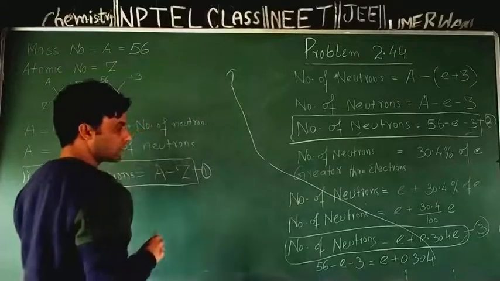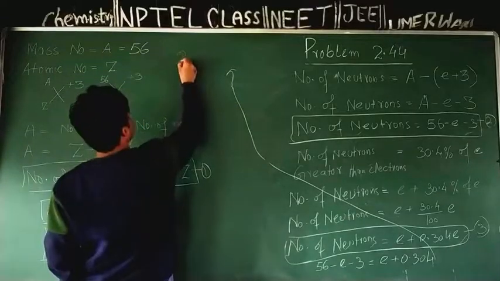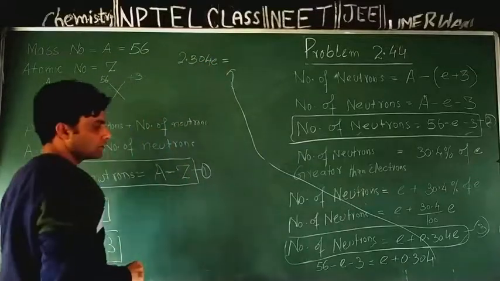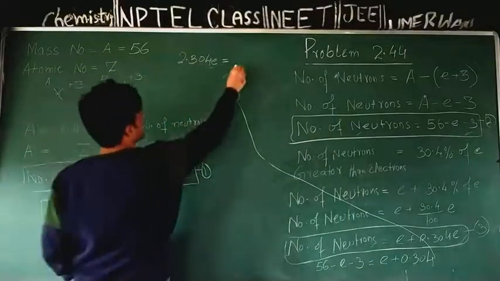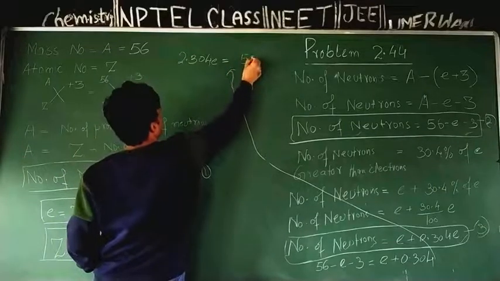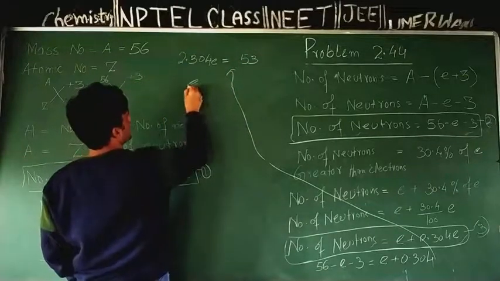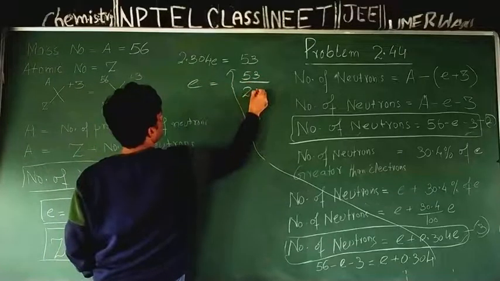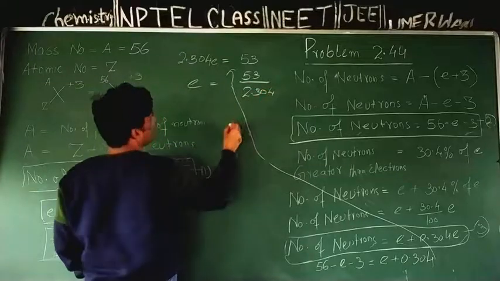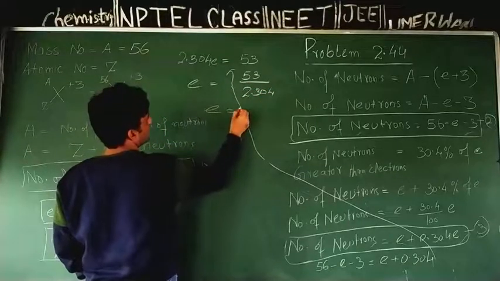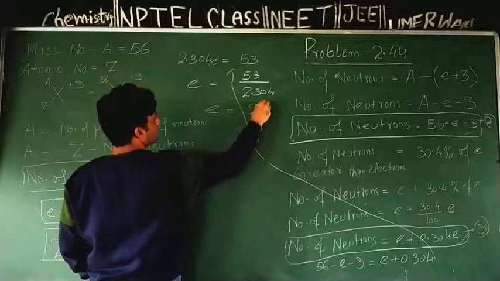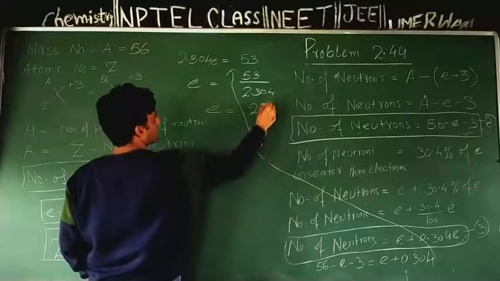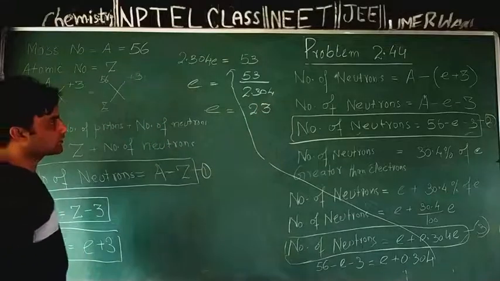It will be total number of E will be 2.304 E is equal to 56 minus 3, that will be 53, and E will be equal to 53 divided by 2.304, and E will come equal to 23. Number of electrons in this tripositive cation are 23.